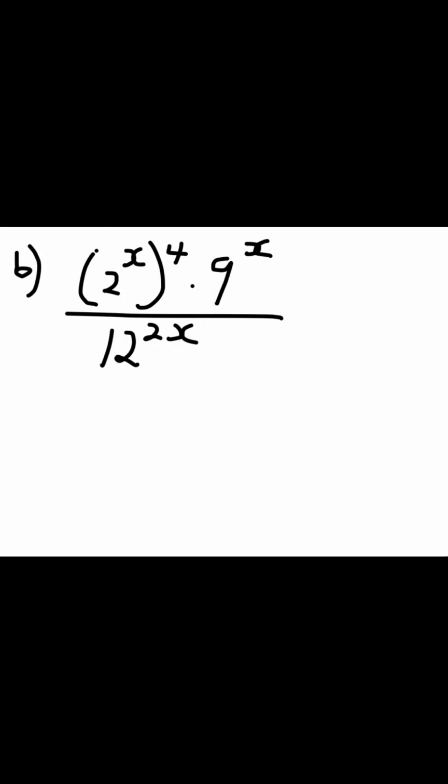Not only that, just think of it as you are given each of those but combined together. So what I know is that on that first part, I will apply that law which says when you have a base raised to an exponent, and you have another exponent, you just multiply those exponents.